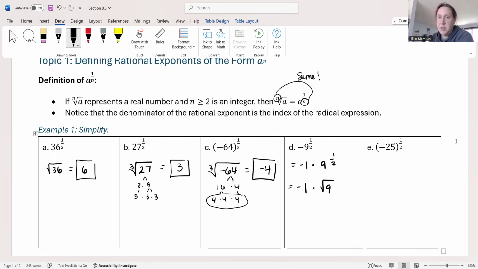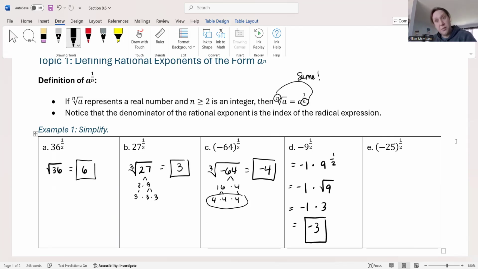Since my exponent has a denominator of 2, my index needs to be 2. That's where we get the square root of 9. Well, the square root of 9 is just 3. So this equals negative 3. So what makes this possible is the fact that the negative is not in parentheses. If the negative was in parentheses, this would be a whole different story.